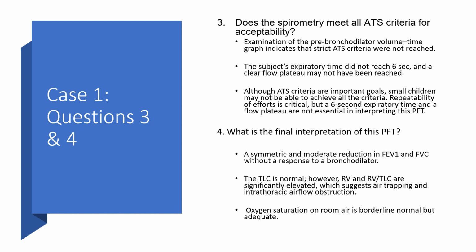It looks like there's a symmetric and moderate reduction in FEV1 and forced vital capacity. We're just saying that they're both reduced to about the same degree, without a response to bronchodilator. Not surprising in this condition. The TLC is normal, however, residual volume and RV to TLC are significantly elevated, which suggests air trapping and intrathoracic airflow obstruction.